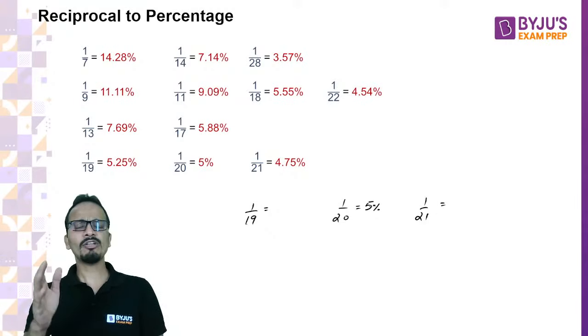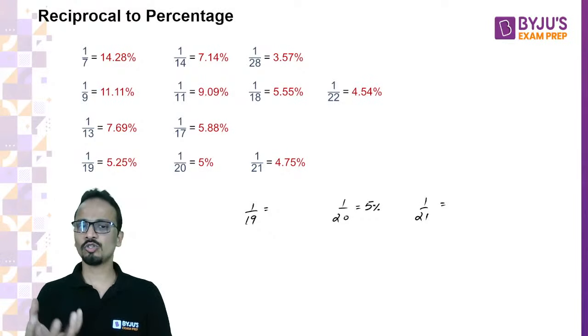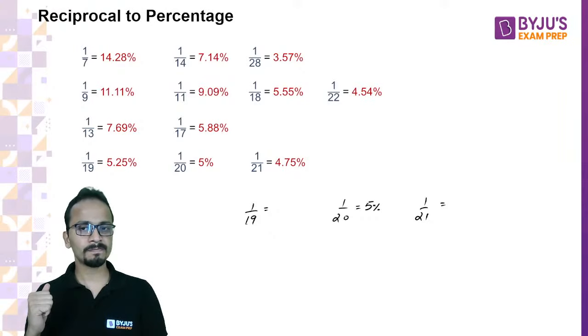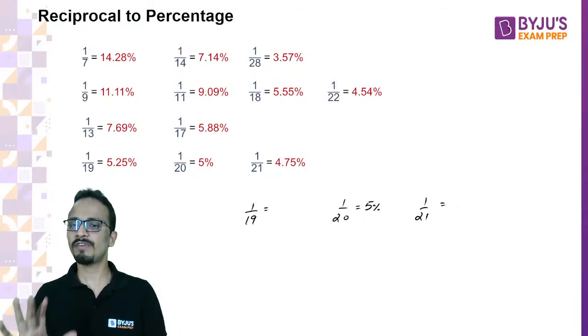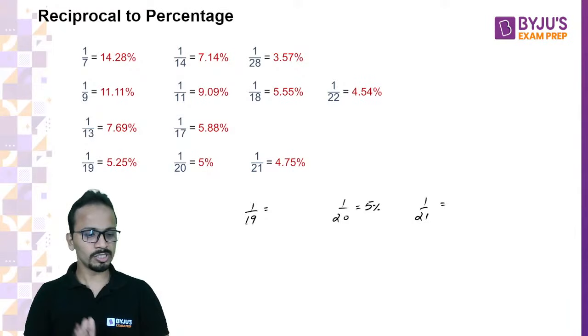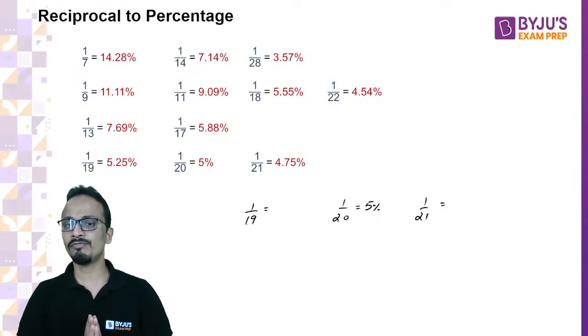For 1 by 19, the denominator is decreased, so the value of 1 by 19 will be more than 5%. And the value of 1 by 21 will be less than 5%.